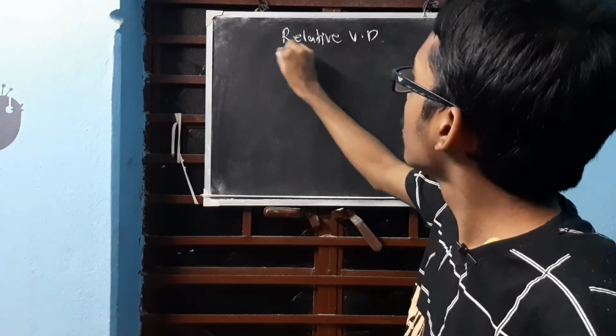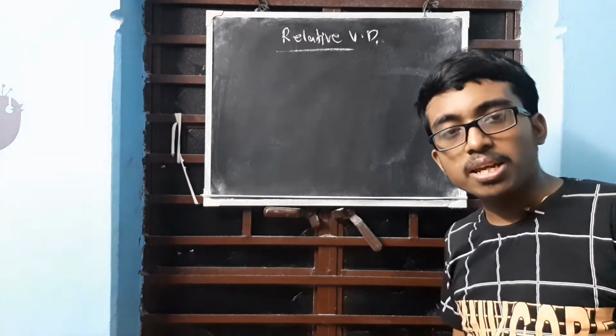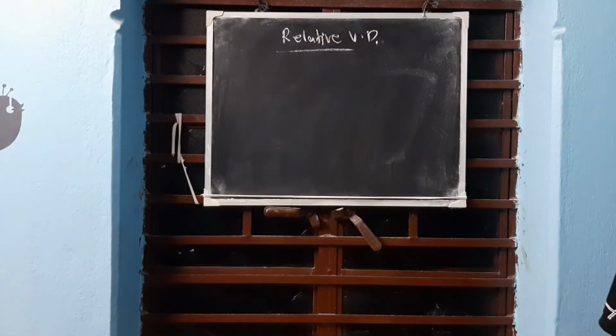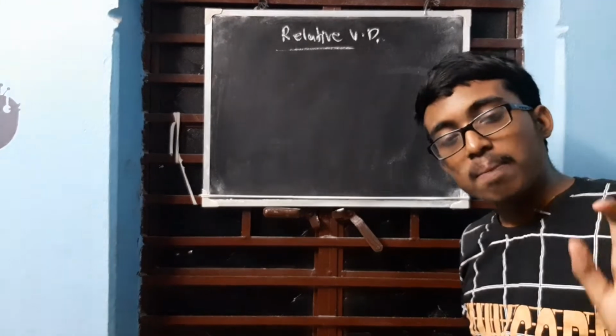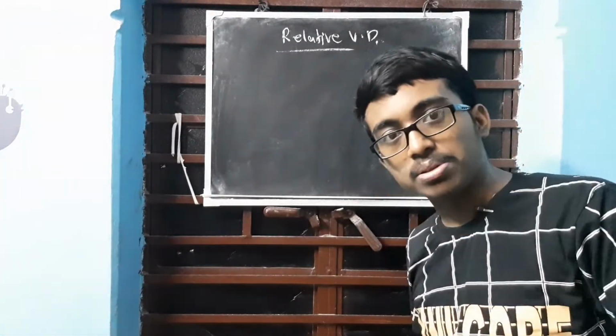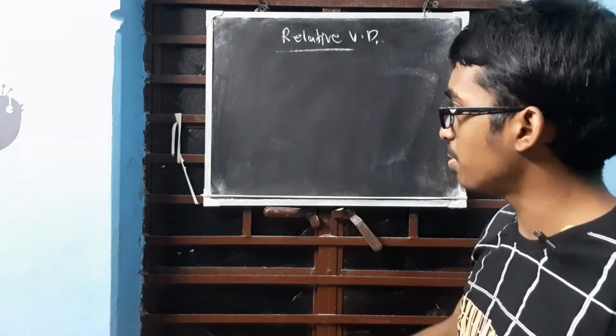Let us read. Relative vapor density is basically the ratio of mass of equal volume of gas and hydrogen. Fine. Mass of equal volume of gas and hydrogen under similar conditions of temperature and pressure. Okay.